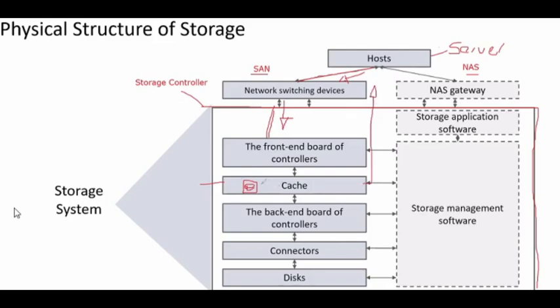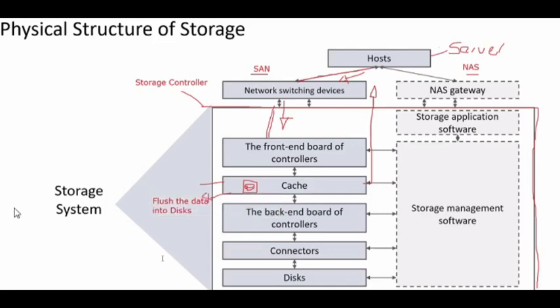But in actual fact, the data is only saved on the cache, right? So when it's saved on the cache, it already tells the host, okay, your data is saved, you can go and do other things. After that, it will flush the data. So this part they don't see. So basically here, they will flush the data. Right? So this is how it actually works.